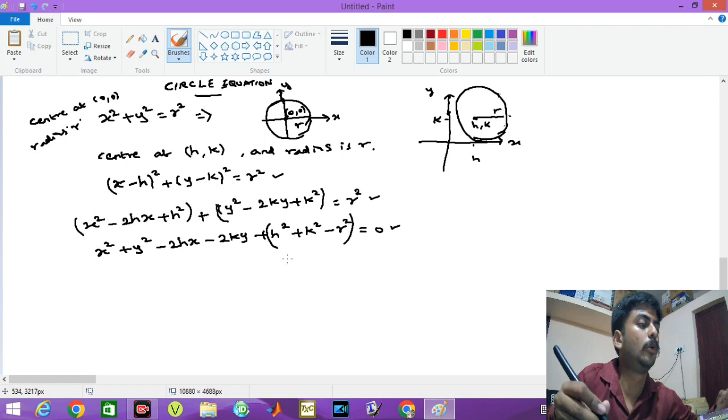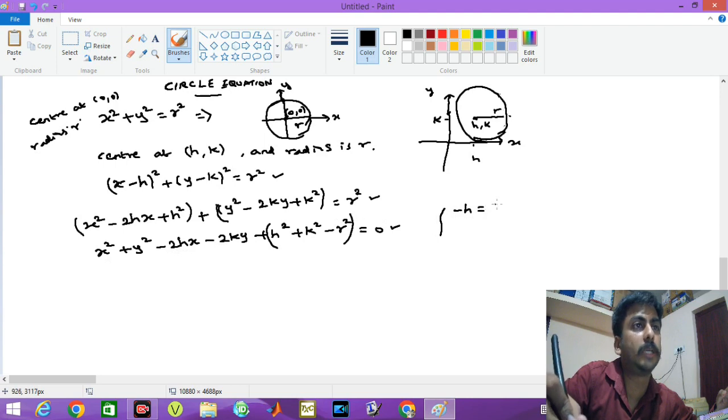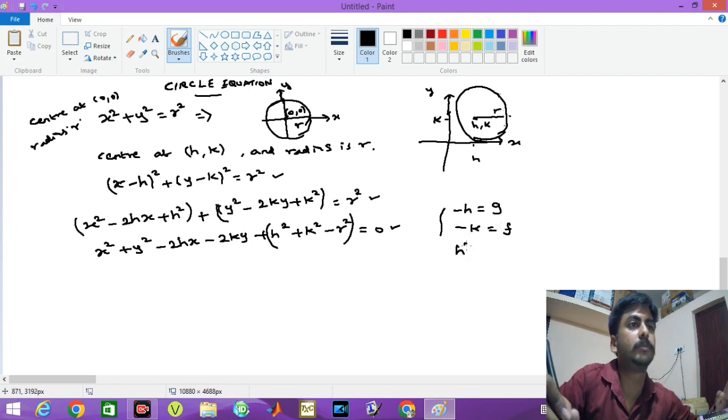Now consider the following replacements. I am taking minus h equal to g and minus k equal to f, and h square plus k square minus r square equal to c.